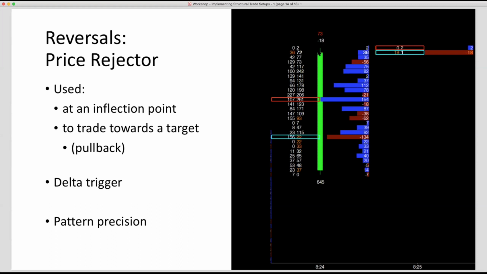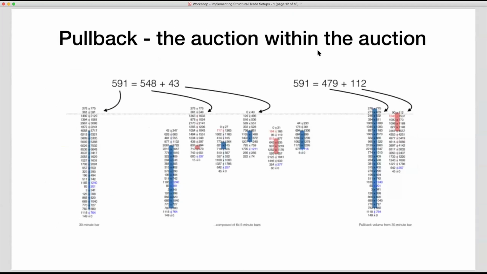Is this most useful to you on a 30-minute chart? No, it is useful anywhere. The time frame of your chart is a function of the time. As long as you are consistent in the time frame that you are trading in, then the pattern holds true. And remember, as we went through that example on pullback, I can see here I've got price rejector, I've got decreasing volume, I've got positive delta, 536 minus 516, 496 minus 129.